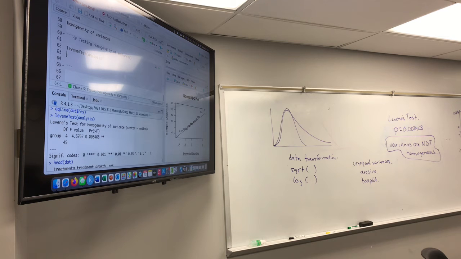And let me find the transformation. Yeah. So what they did was basically transform the data this way. So I'm going to make a new variable called transdat, which is just transformed.